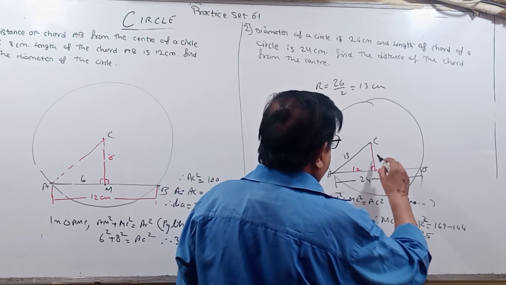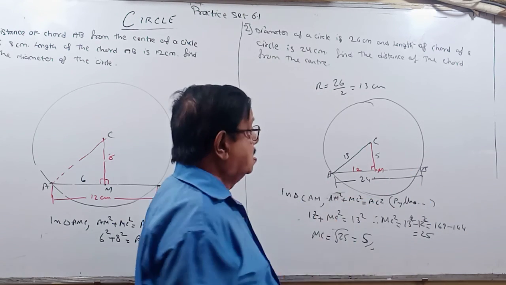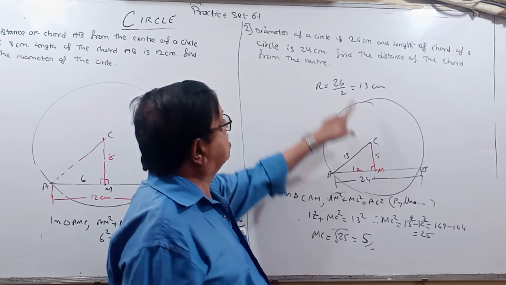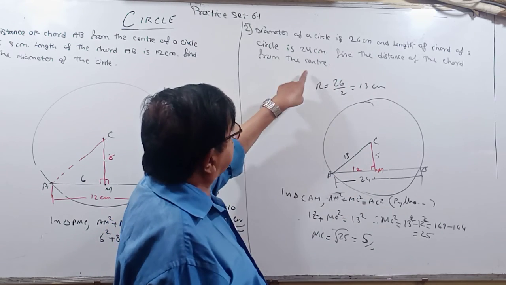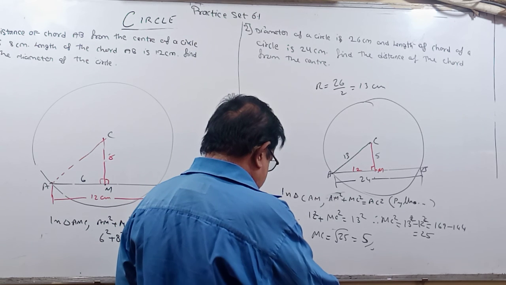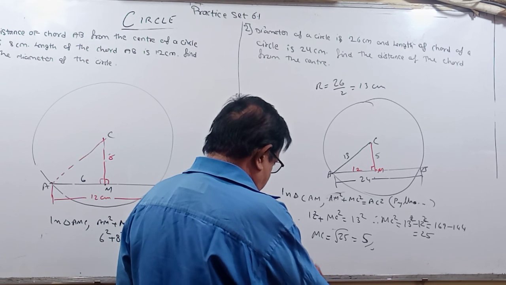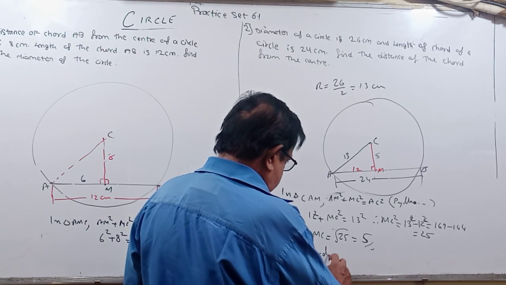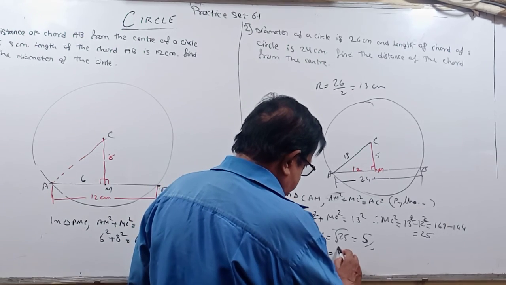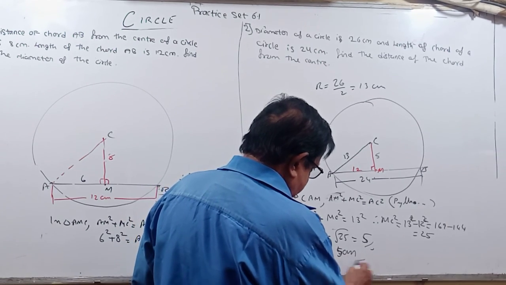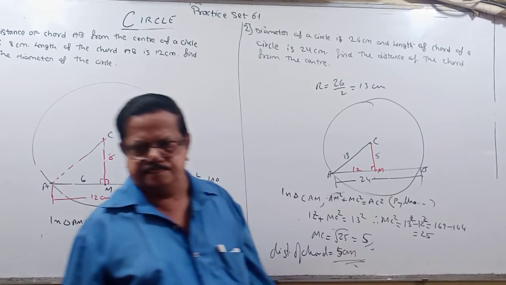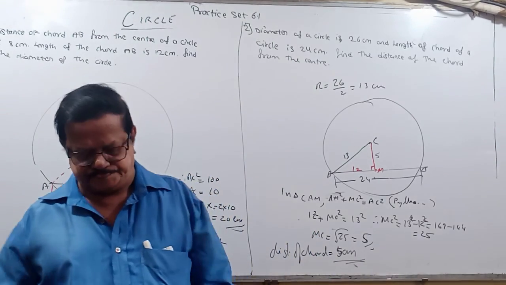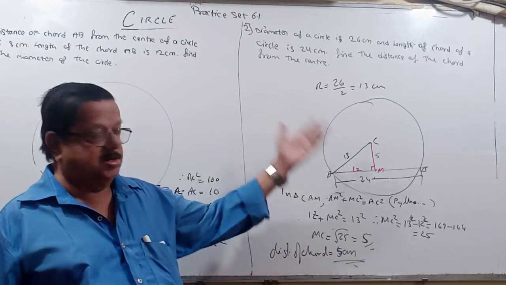So we got MC equal to 5. They want the distance of the chord from the center. Therefore, the final answer: distance of chord equals 5 centimeters. That is all. I hope you have understood this sum.